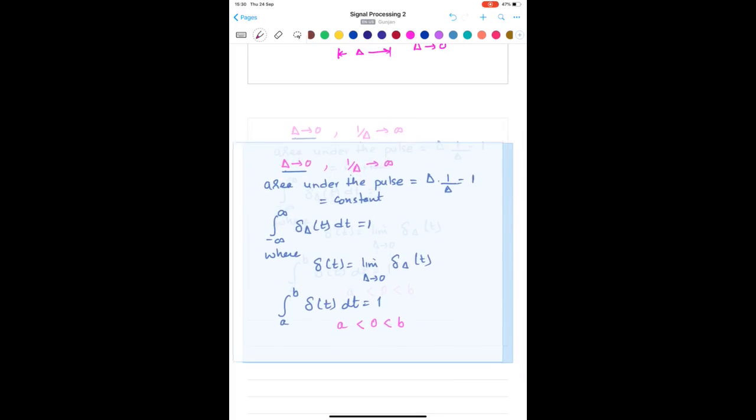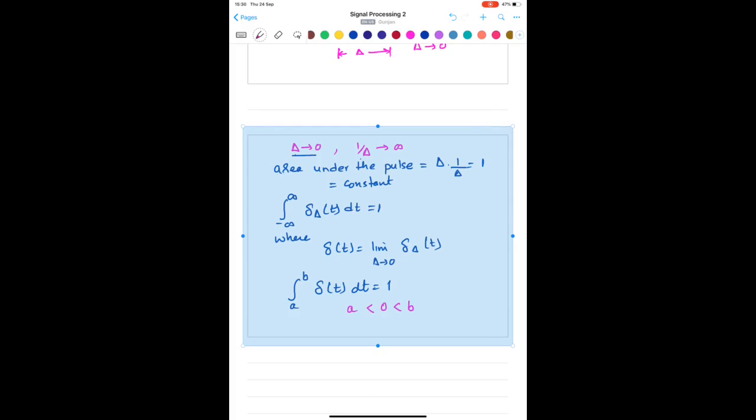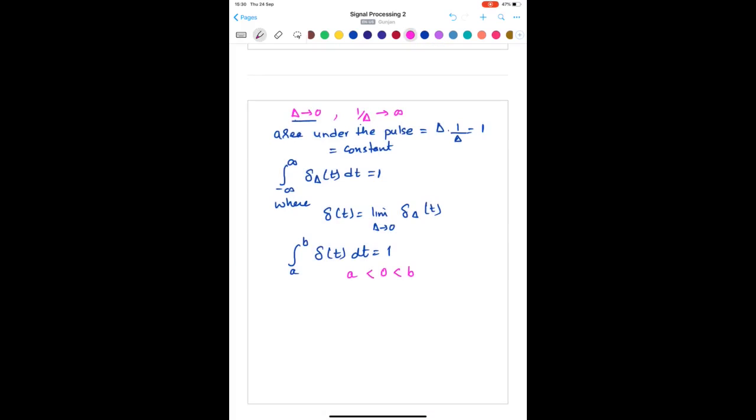Now if I have an impulse function not of this form, but like this, from a to b, then in order for it to be equal to 1, my k must lie between these two numbers. This is the restriction imposed on it.